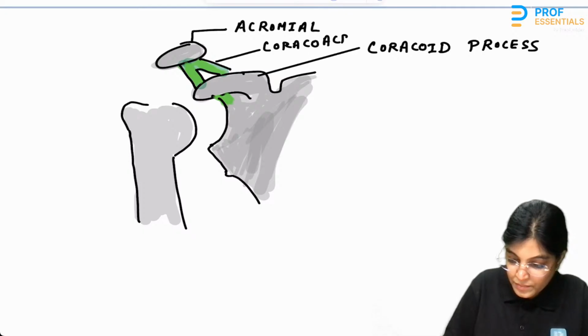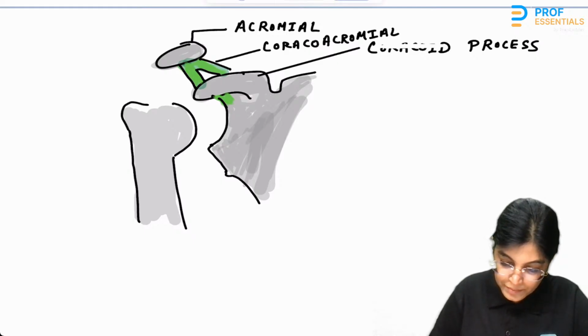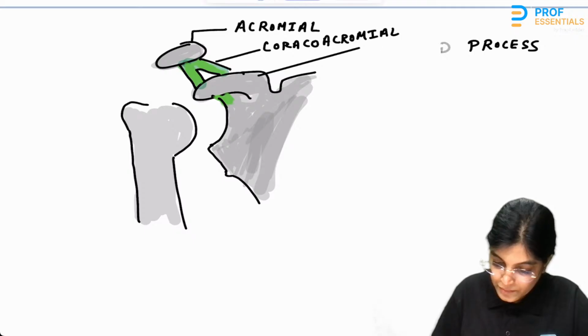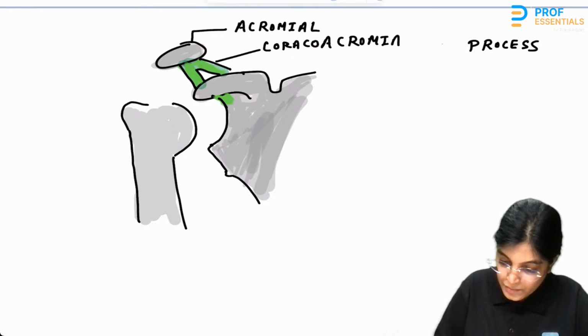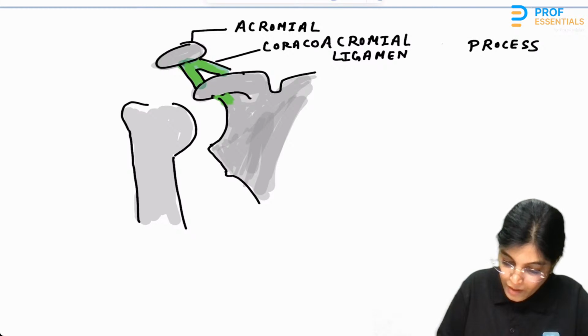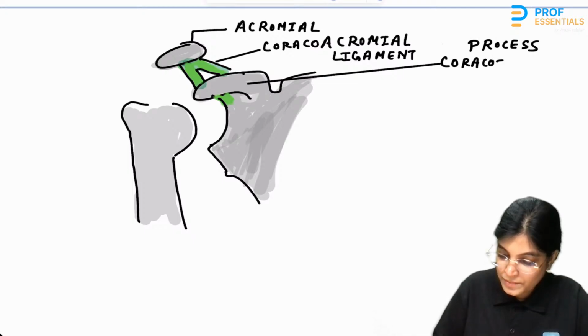Coracoacromial ligament. Coracoacromial ligament. Okay, and this is the coracoid process. Got it?